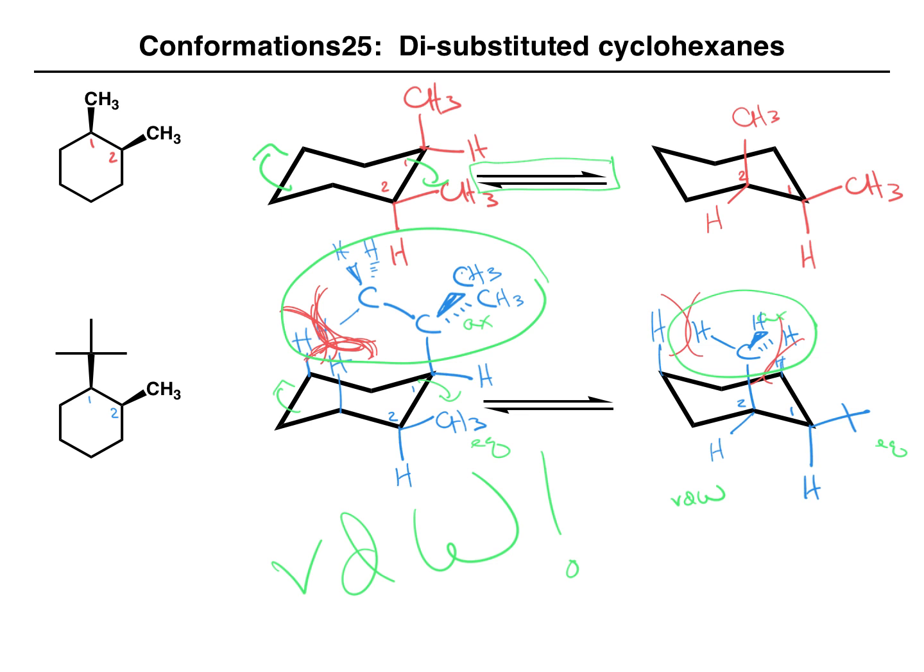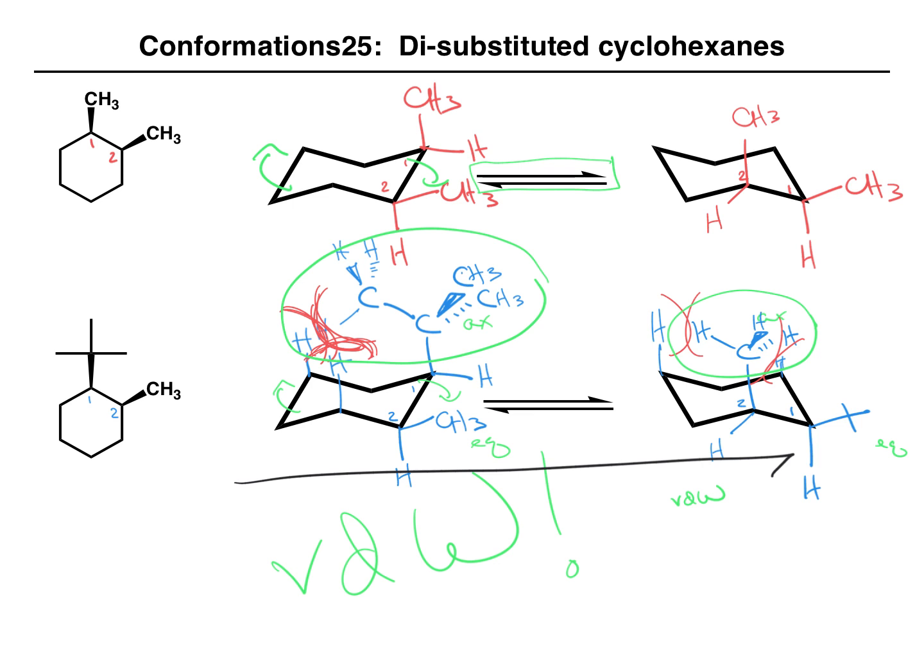And so because our substituents are not equal, then the strain by having either one of them axial, that's not equal either. So having the methyl group axial is not nearly as bad as having the t-butyl group axial. And so in this case, the equilibrium lies very far to the right.